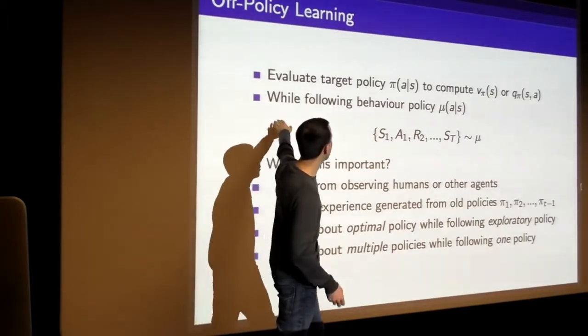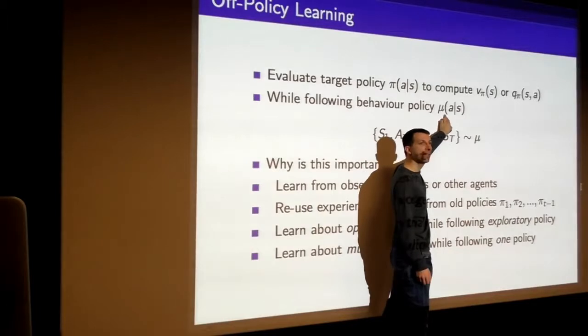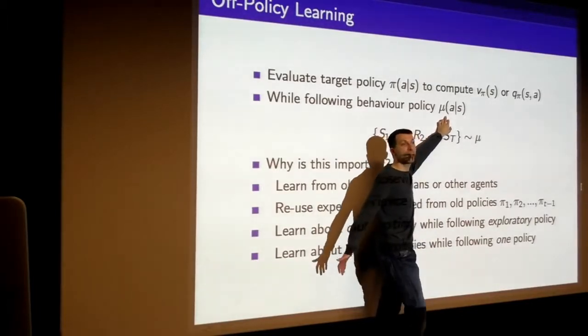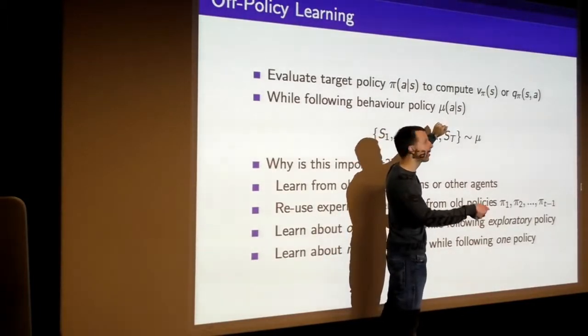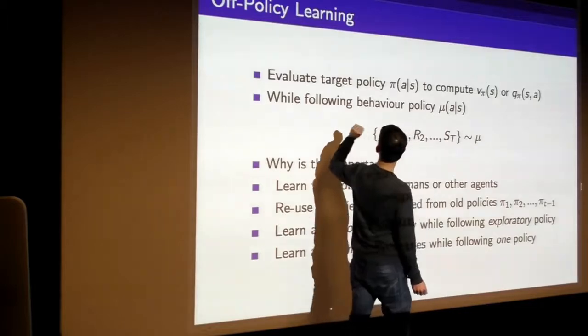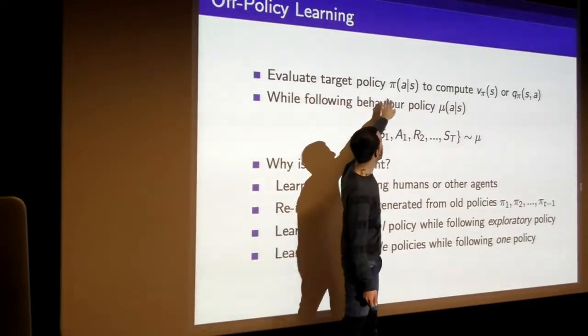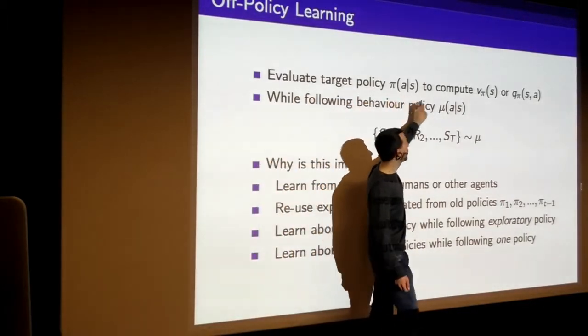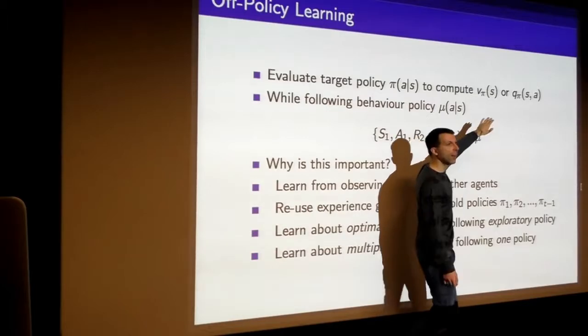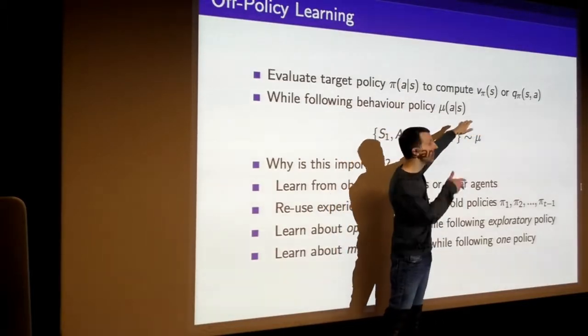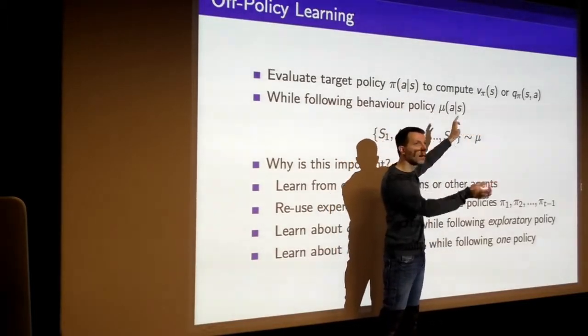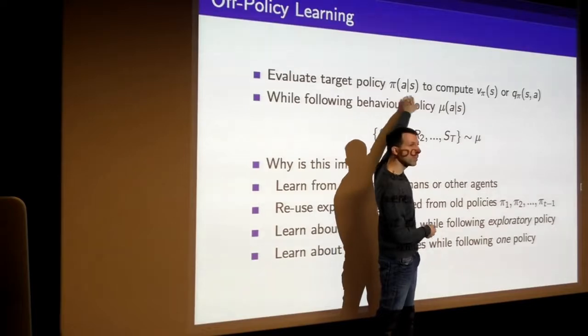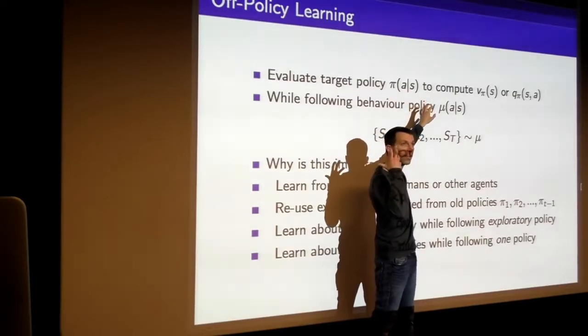So let's say we're going to follow some behavior policy that we're going to call mu. So this is the behavior policy that we actually pick actions from in the environment. And what we want to do is to evaluate some other policy, pi, so as to compute, say, v pi or q pi, or ultimately figure out maybe the optimal way to behave in that environment. But the behavior that we see is not going to be drawn from this thing that we're wondering about.